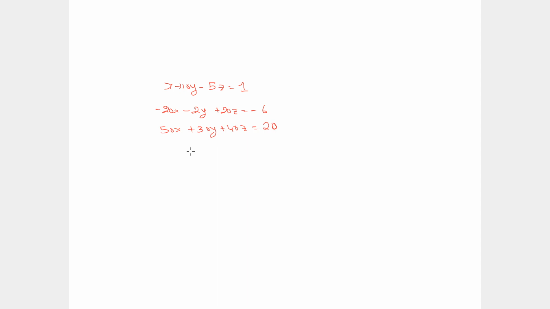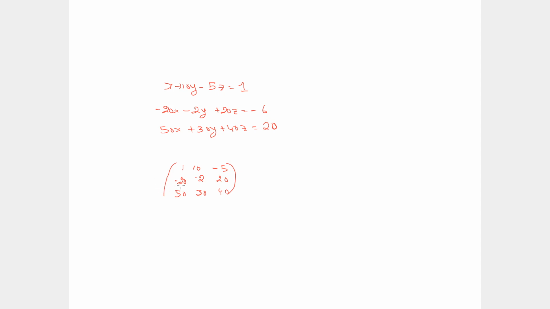So in the matrix form, this will be 1, 10, minus 5, minus 20, minus 2, 20, and then 50, 30, and 40. So this is the matrix we are having.